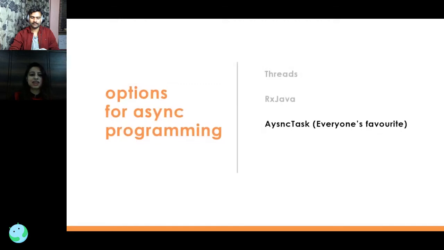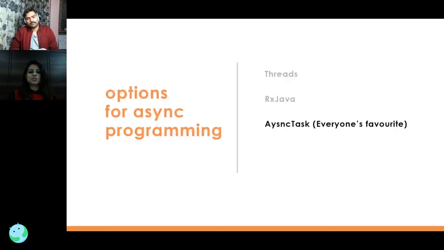But again, handling the configuration changes, multi-threading, parallel execution, and the risk of memory leaks for the class having AsyncTasks is there. So if you haven't read till now about why I am talking about configuration changes or memory leaks, I would say please have a look at the advantages and the reason for the deprecation as well.